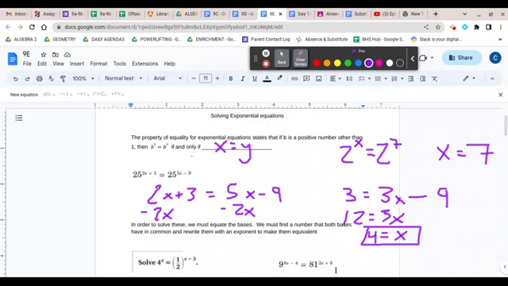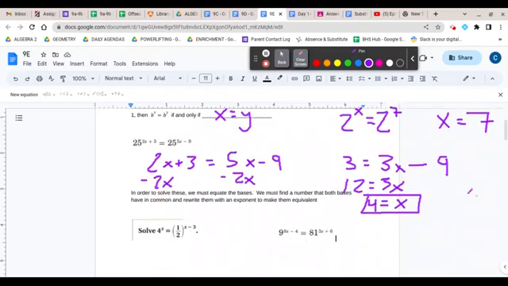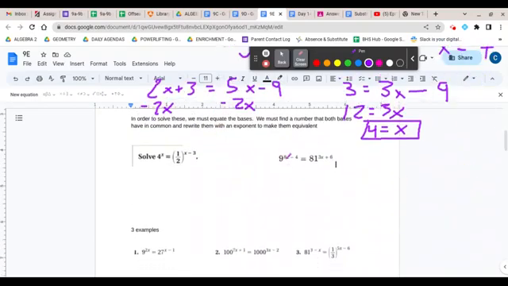All right. It gets a little bit more complex when we don't have the same bases, but if we have the ability to change the bases, then we're going to do that. I want to start over here on this one on the right first. So here we have 9 to the 8x minus 4 power equals 81 to the 3x plus 6 power. And in order to solve these, we need to equate the bases.